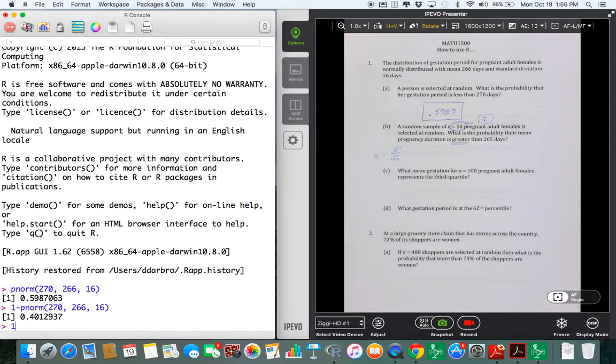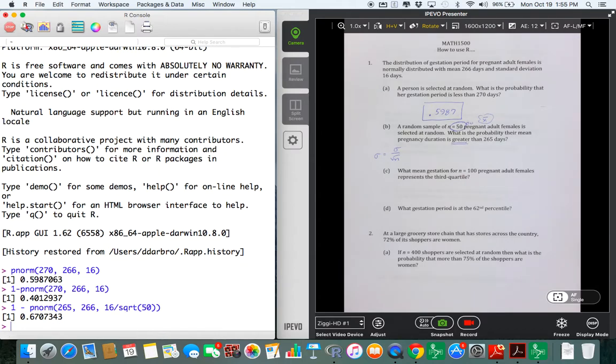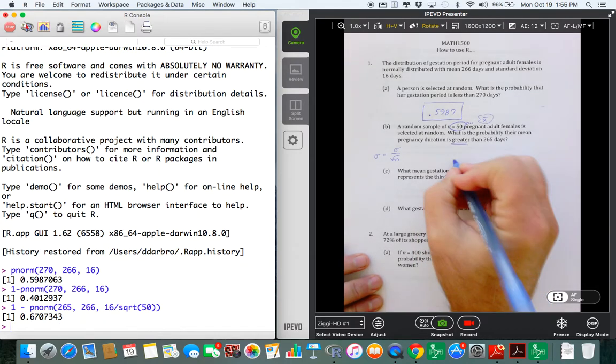Well, guys, I know I got to subtract from 1. And I know my score is 265. I know my mean is 266. And I know that I have to adjust the standard deviation of 16 and divide by the square root of the sample size, which is 50. So the answer here would be 0.6707.